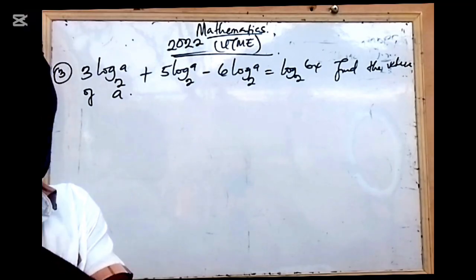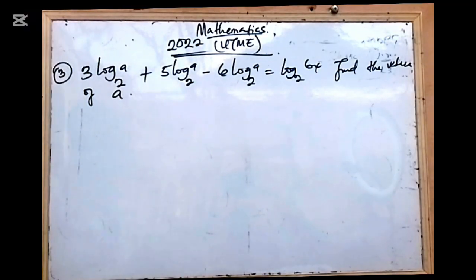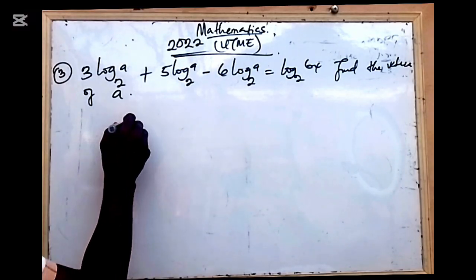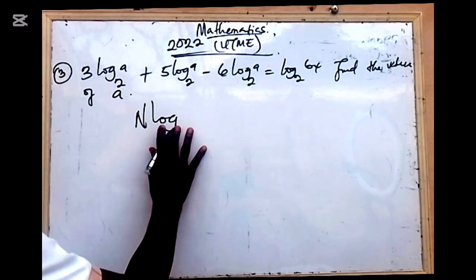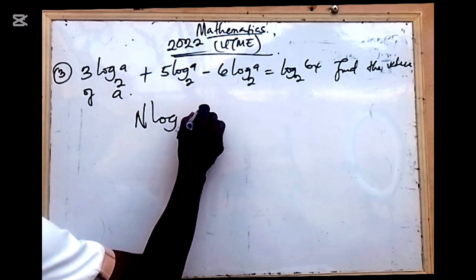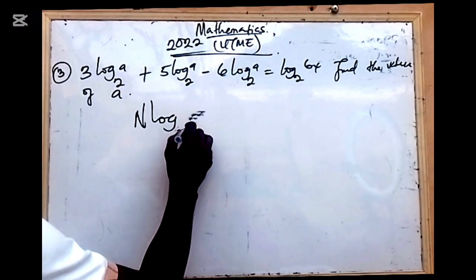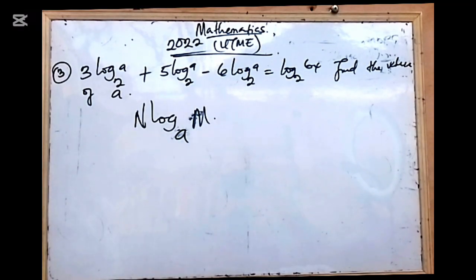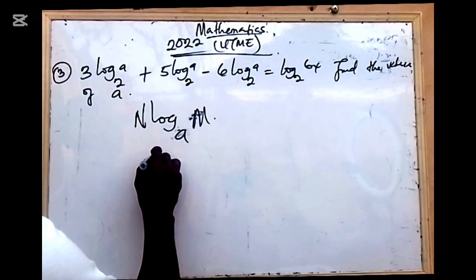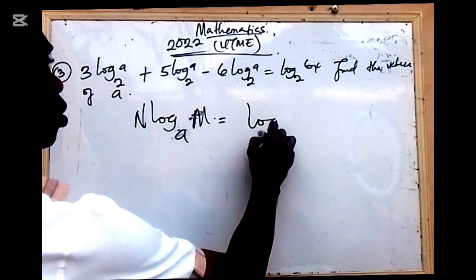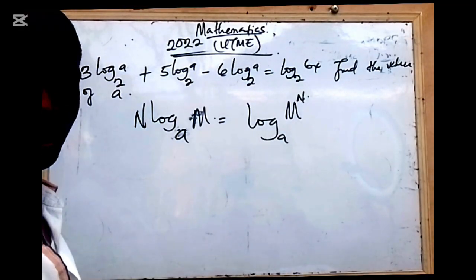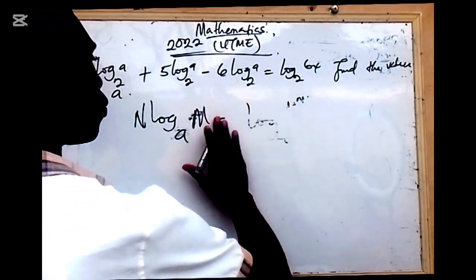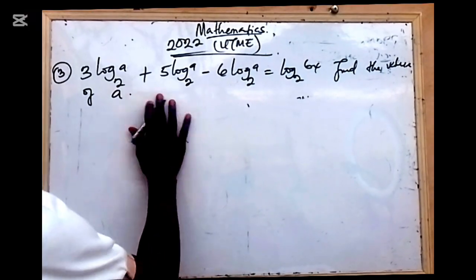Since they have the same power, first thing first, one of the laws of logarithm tells us that if we have something like n log a m, we can turn it to become log a of m raised by what? N. You agree? So that's the law we are going to use first.